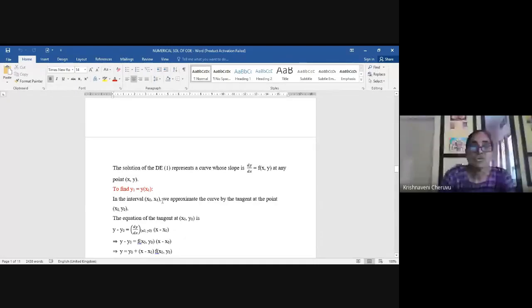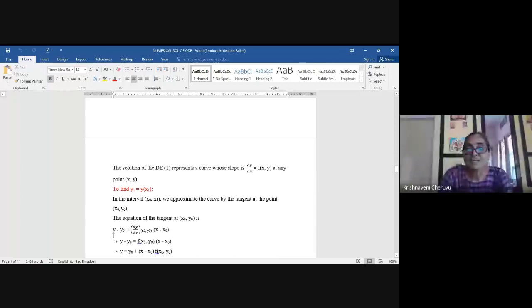So what you are doing, you are taking the first interval x0, x1. Now you are finding the equation of the tangent at the point x0, y0. Equation of the tangent is a line, no? Equation of the line is y minus y1 is equal to m into x minus x1, where m is the slope, and just now I explained to you, this is slope. So slope at the point x0, y0. So you're finding the equation of the tangent to the curve, and that equation of the tangent is a line.